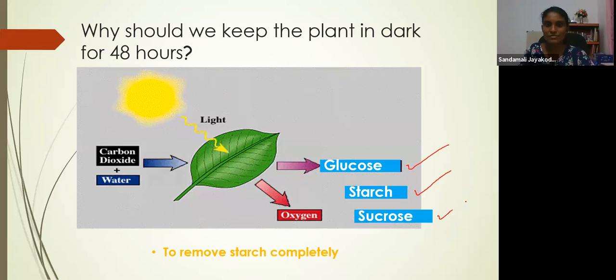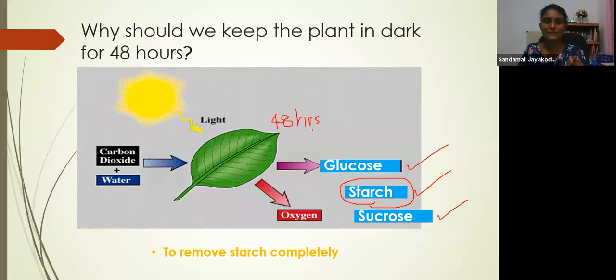And then finally it is converted into sucrose and transported to the places where it is going to be stored. So this is the reason for keeping the plant in dark for 48 hours. Normally, the glucose which was converted into starch is going to be there for about 2 days, 48 hours.